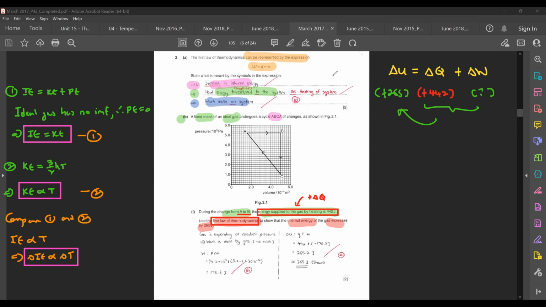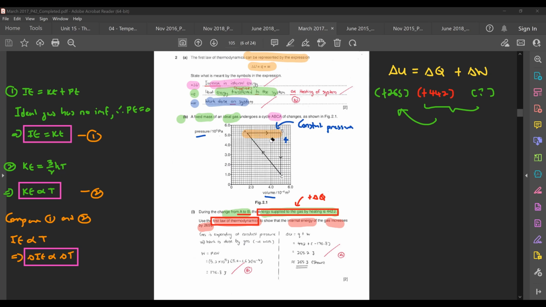So now, changes from A to B is this horizontal line here. What can you say about A to B? Notice that this is a pressure-volume graph. From A to B, this one is constant pressure. And then you will also notice that going from here to here, your volume increases.